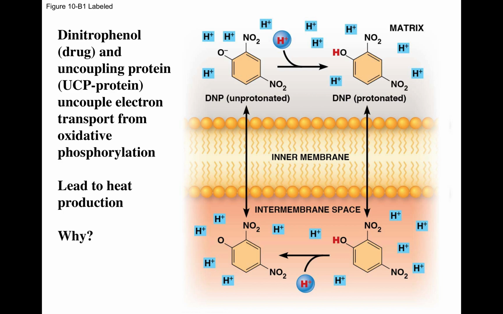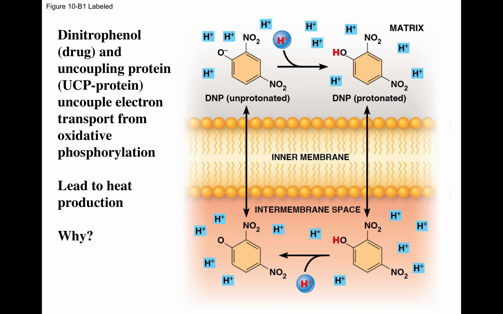So electron transport is still happening, but you're not getting the benefit of the proton gradient. And when you destroy the proton gradient, you destroy your ability to make ATP. So DNP will destroy, or reduce, the ability of mitochondria to make ATP.